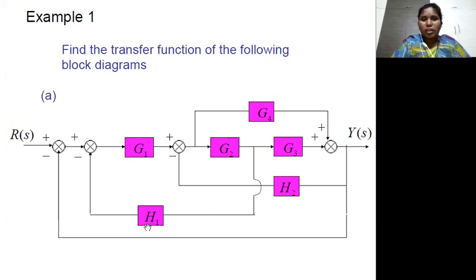To explain it, I want to review once again what the block diagram reduction techniques are. There are a total of 8 reduction techniques. As early as possible we will see the reduction techniques also.